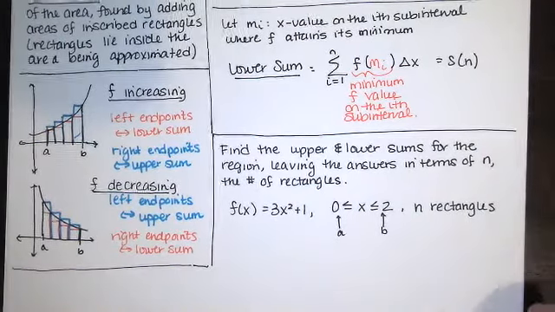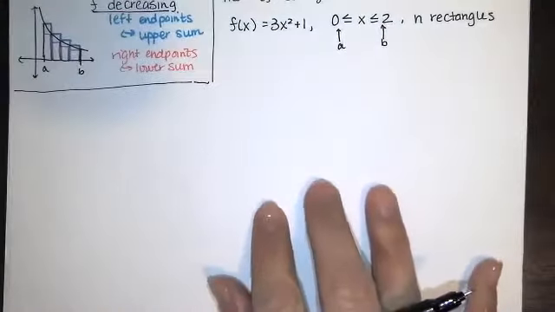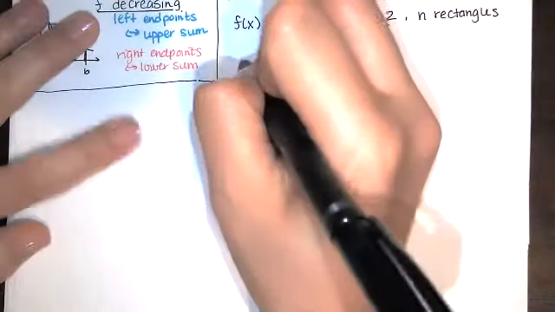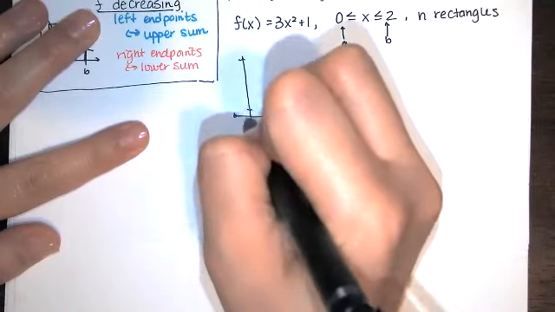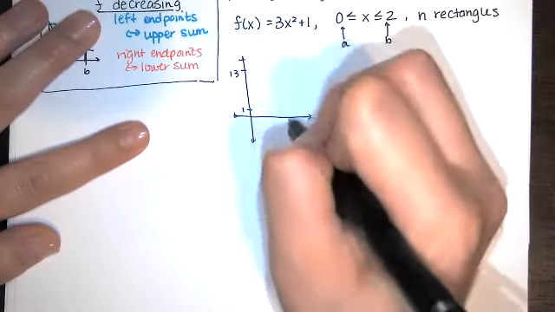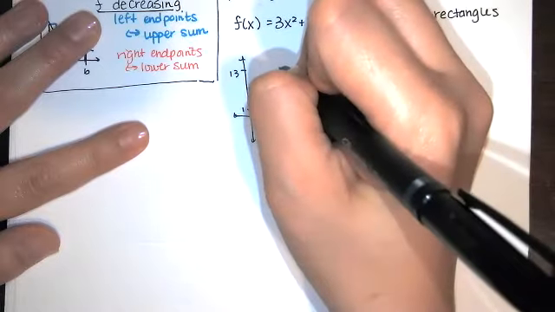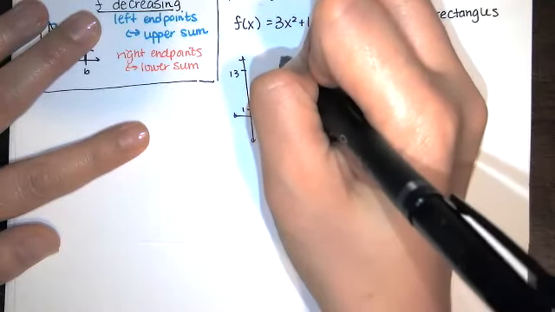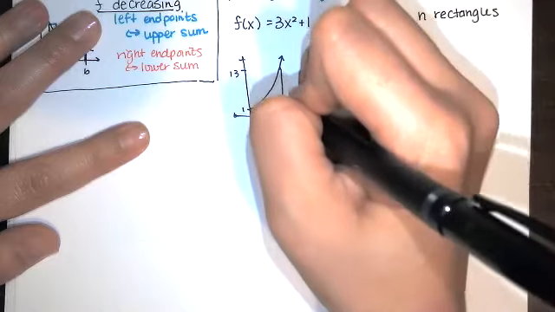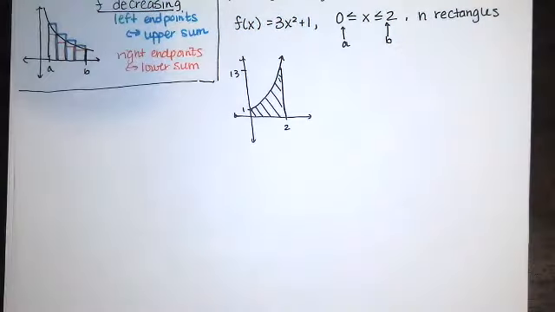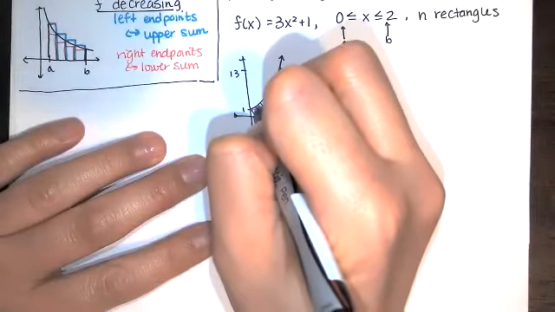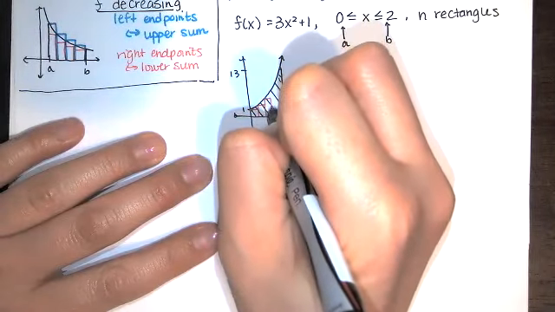So let's look at our picture again. Looks roughly like this. We want this area under the curve right here. So first of all, I notice my function is increasing. So that means that if I use the left endpoint of each subinterval, I'll get a lower sum.